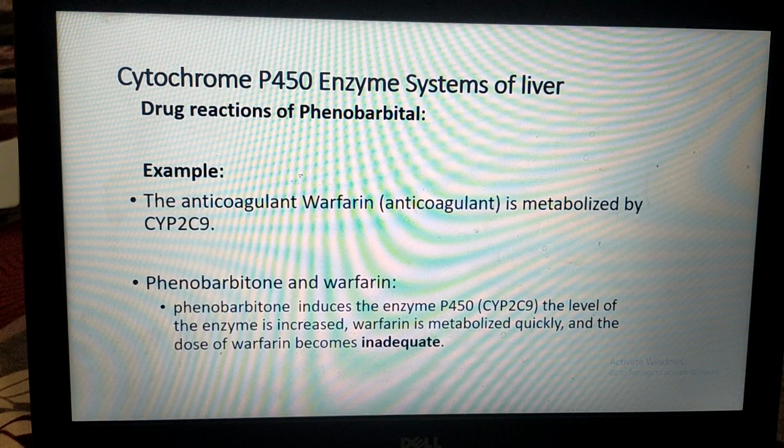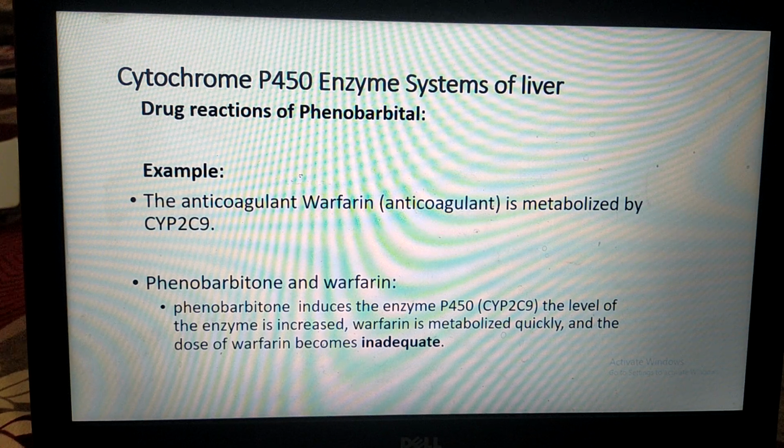If a patient is taking both warfarin and phenobarbital simultaneously, due to stimulation or induction of this CYP2C9, the warfarin is metabolized at a faster rate than normal, and such persons will have to be given more warfarin doses, because the normal doses of warfarin are not sufficient for this patient, simply because it is detoxified at a faster rate.